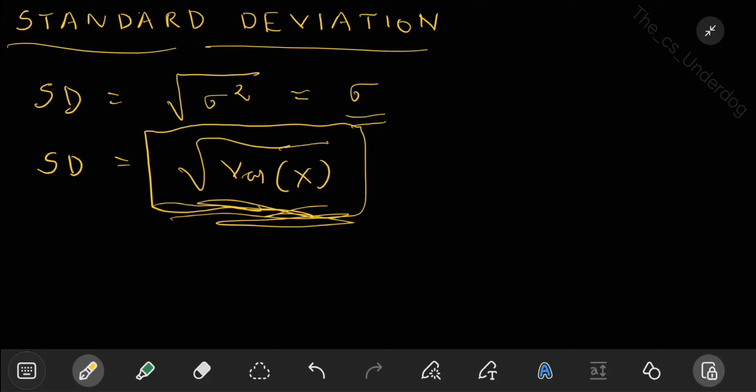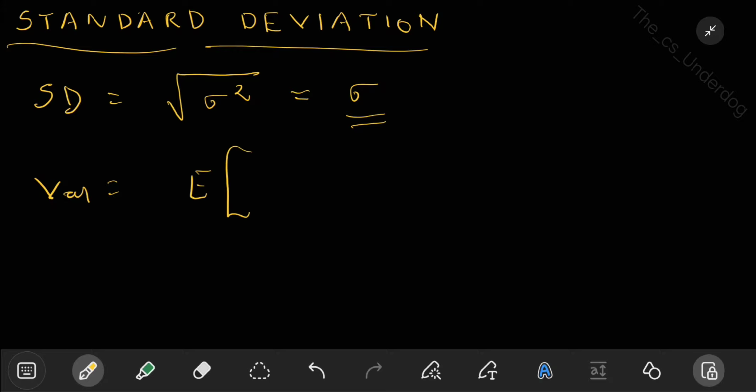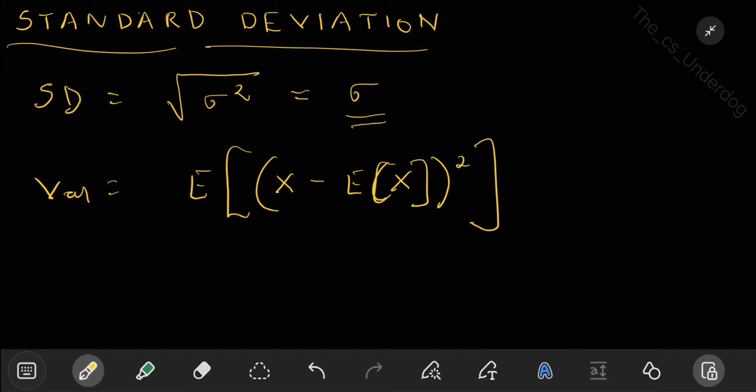So how do you find variance? We said that variance is the expectation of (x minus expectation of x) the whole square, right? This is how we found variance. So how will you find standard deviation? Simple, just put a square root on this. Then it becomes standard deviation.